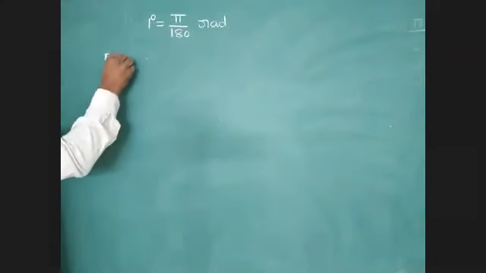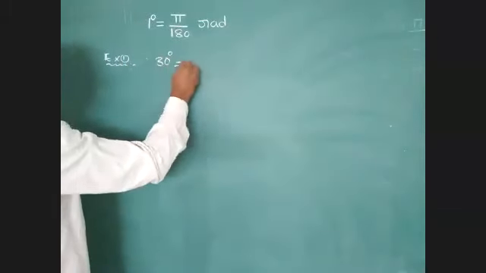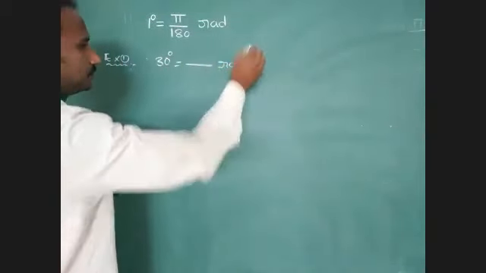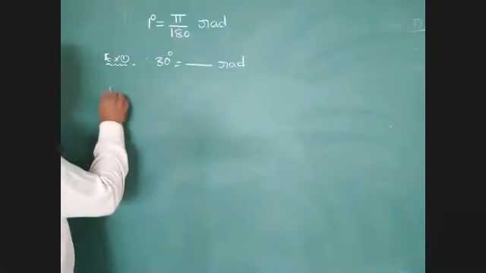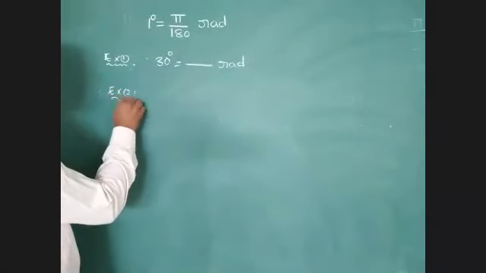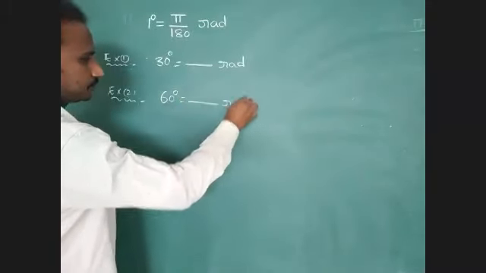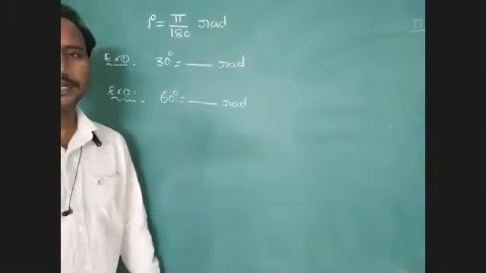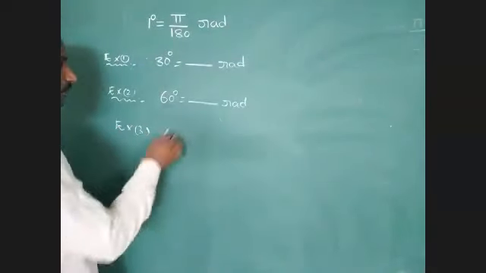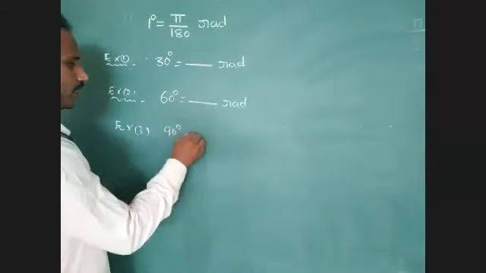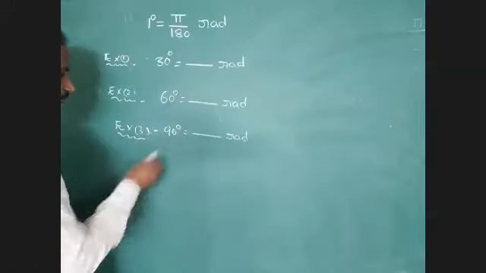Example problems. First one: 30 degrees equal to dash radian. Example 2: 60 degrees equal to dash radian. Next, example 3: 90 degrees equal to dash radian.